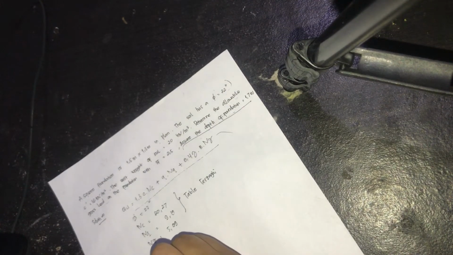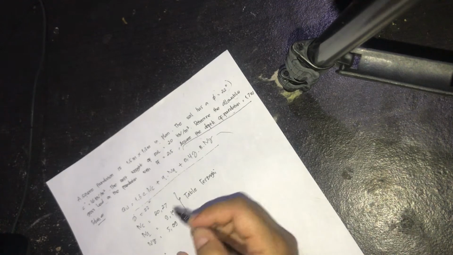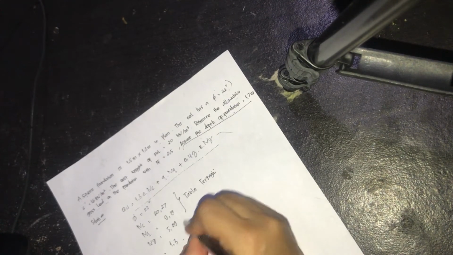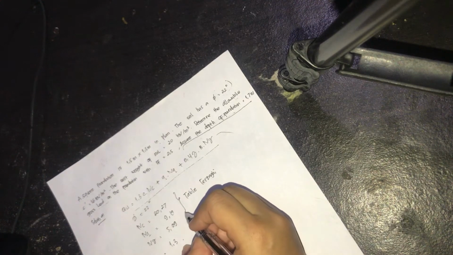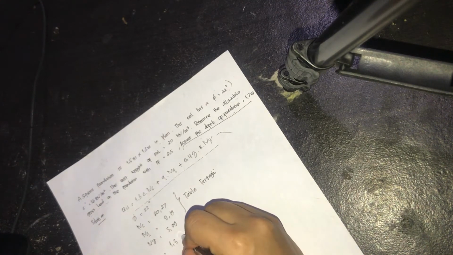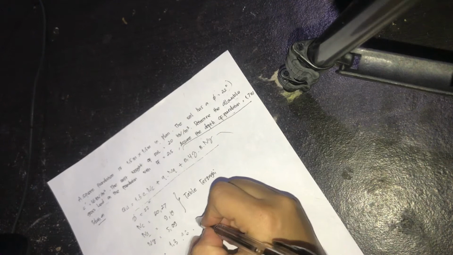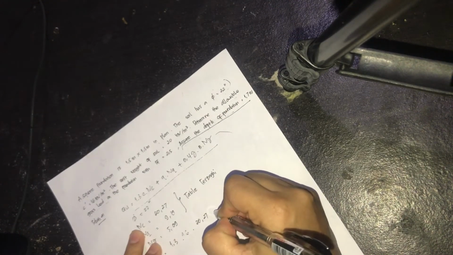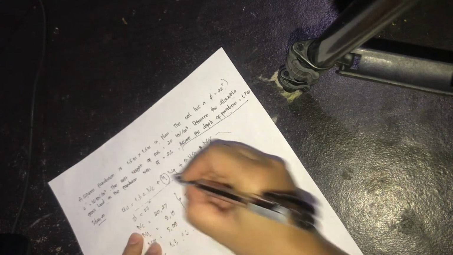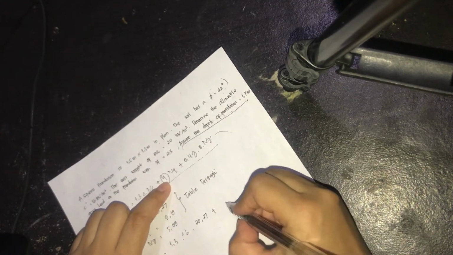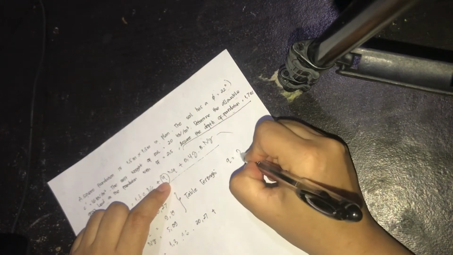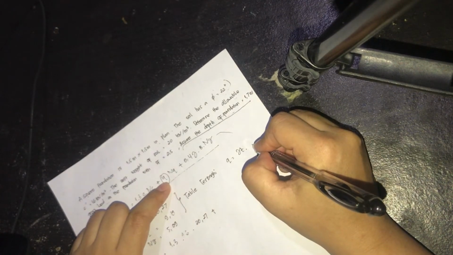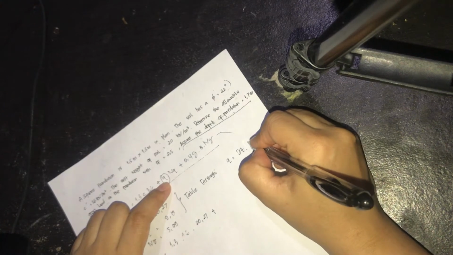So we can calculate the bearing capacity: 1.3 multiplied by 16 multiplied by Nc 22.27, plus q. To calculate q, q equals gamma of soil multiplied by the depth of foundation.